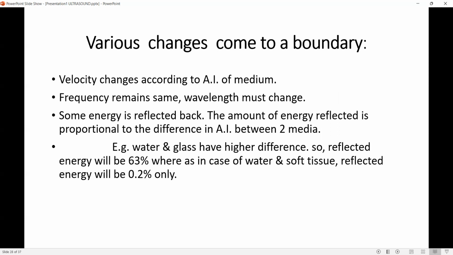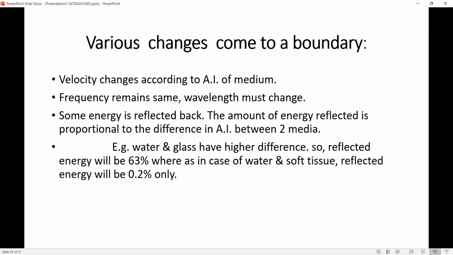Various changes occur at a boundary. Velocity changes according to the acoustic impedance of the medium. Frequency remains the same, so wavelength must change. Some energy is reflected back. The amount of energy reflected is proportional to the difference in acoustic impedance between the two media.